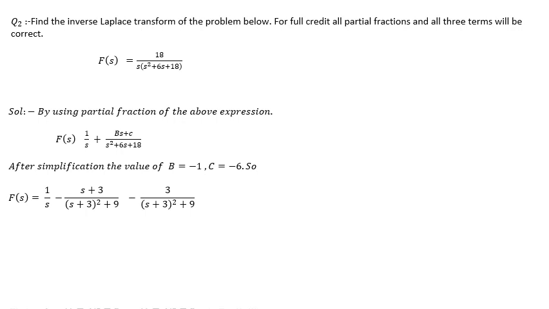The value of c is -6, so I separate it as plus 3 and -3 and -3. I separate it in that way so that it looks like the inverse Laplace transform of sine and cos functions. That's why I separate in terms of 3.